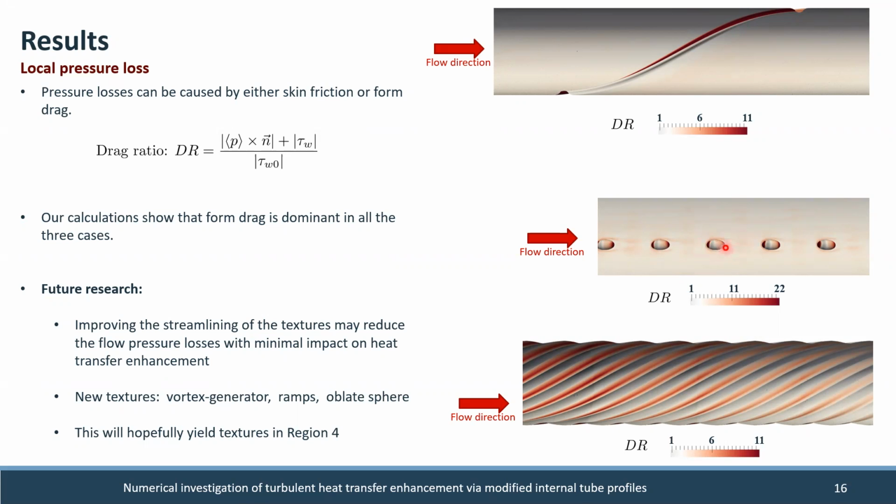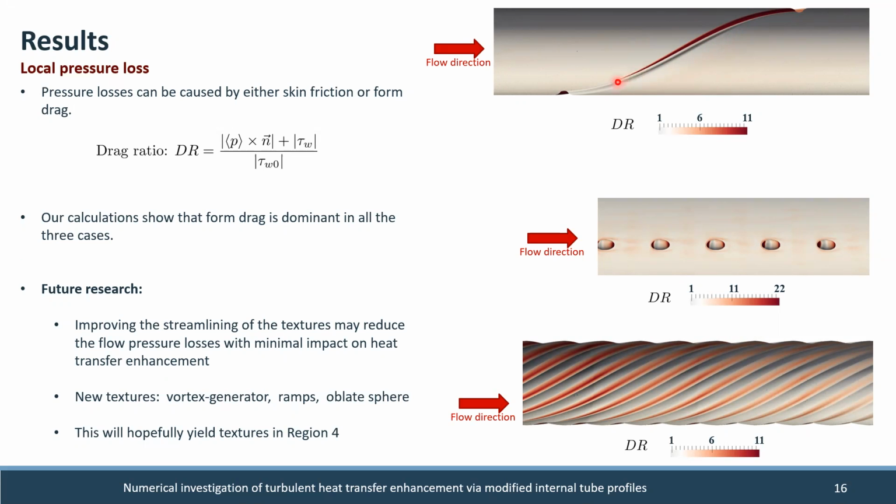We also have fairly high dr on the tail of the dimples, as you can see here, which is because of the recirculation of the flow. And for the corrugated tube, we have high values of dr upstream of the fins, again because of the stagnation point.